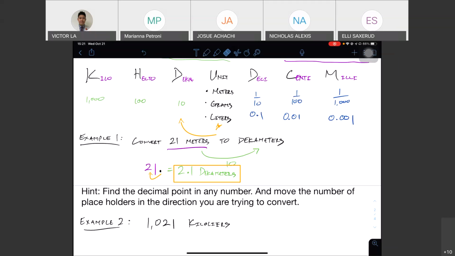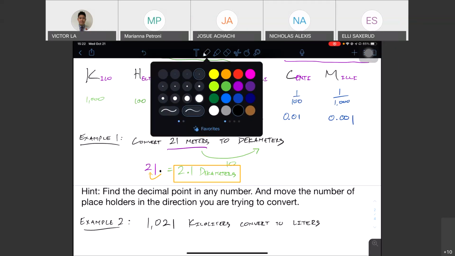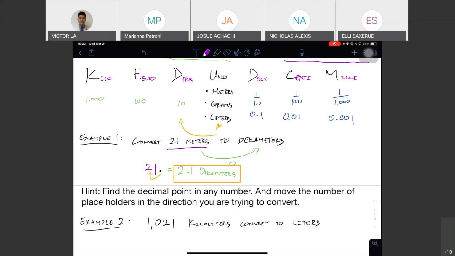Nope, I spelled that wrong. And you want to convert to liters. So you see that kiloliters, liters. So then you go, okay, where's my decimal point? The decimal point is right here.